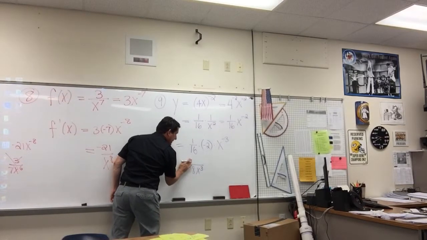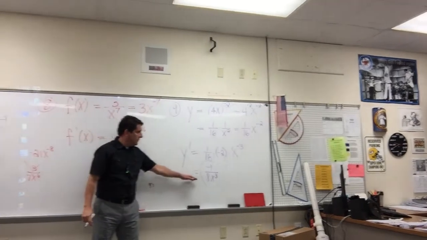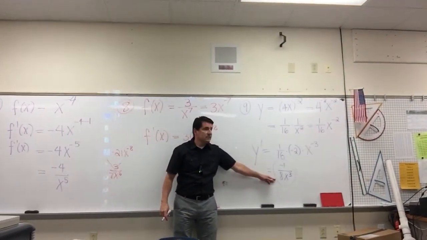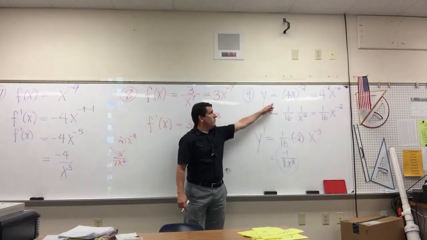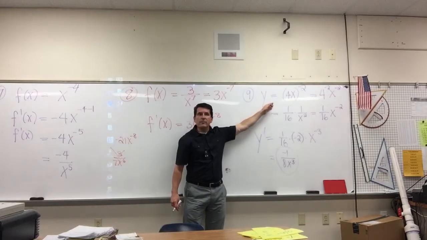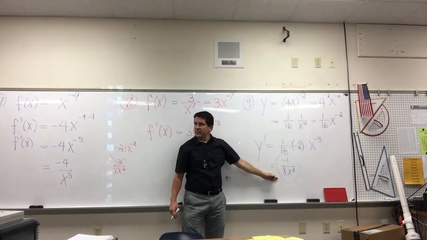So I would write this the best possible way: negative 1 over 8x cubed. So for this wacky function, if you want to know the slope of the line tangent at any given x value, you just plug your x into this function, and bam, there it is.